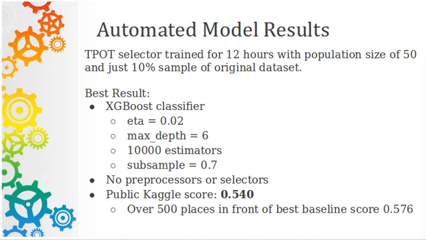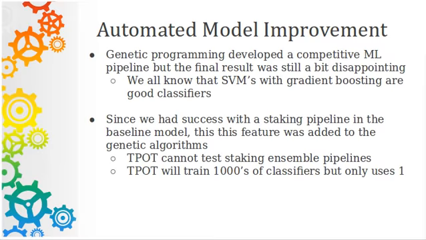Now, these are promising results since they match what many of the participants found to be the most effective algorithm, but also slightly disappointing because they don't really say anything we don't already know, which is that support vector machines and gradient boosting are pretty good and work almost anywhere.